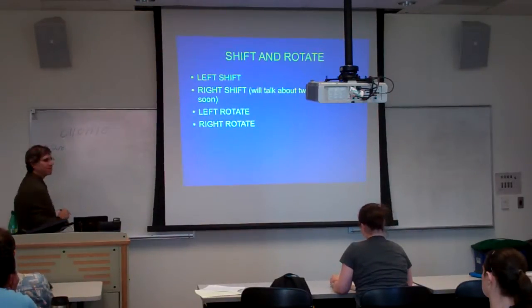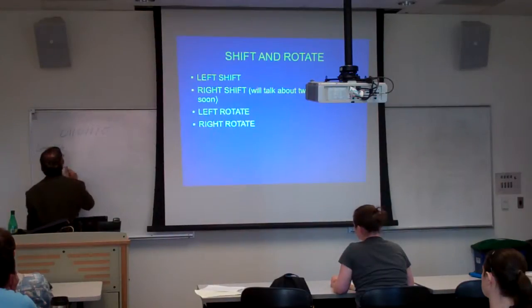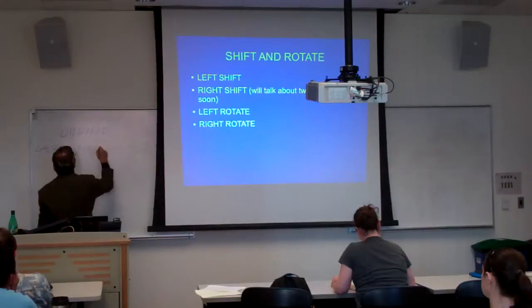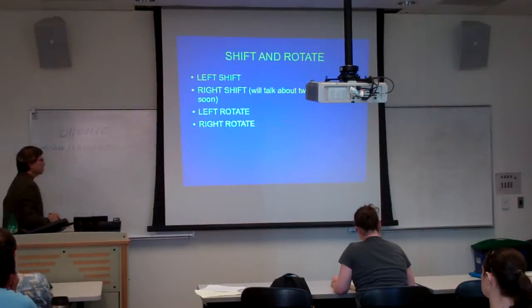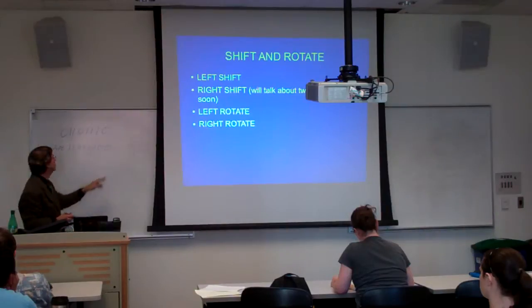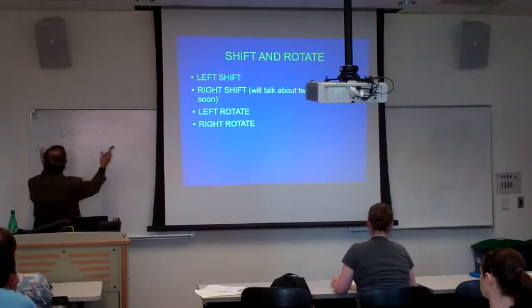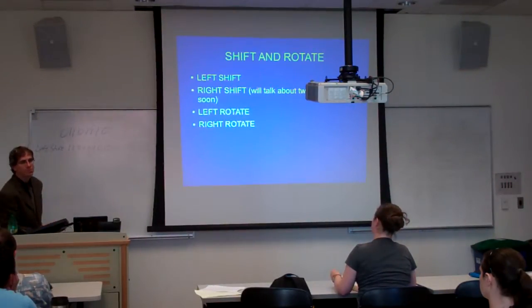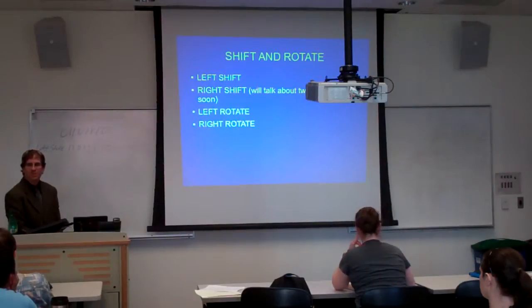If you want to shift it left 1 bit, it's exactly what you would think. You just move everything over. You ignore this top bit, which gets shifted out, and we're just going to assume you're shifting in a 0. So it takes this number and moves all the bits over one position. Bit 6 becomes bit 7, bit 2 becomes bit 3, and so on.